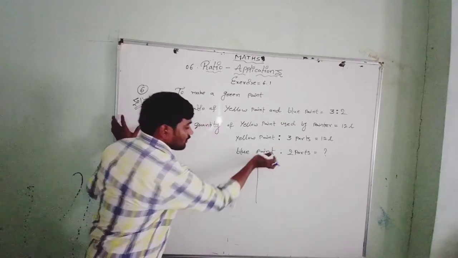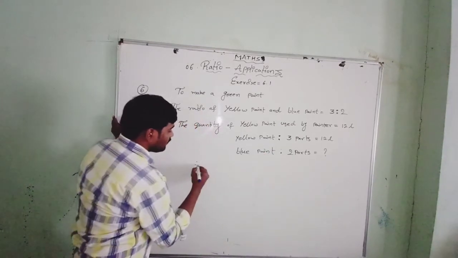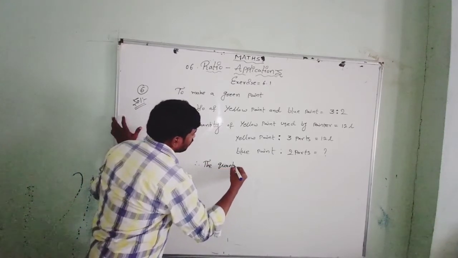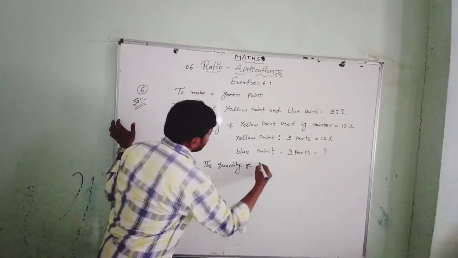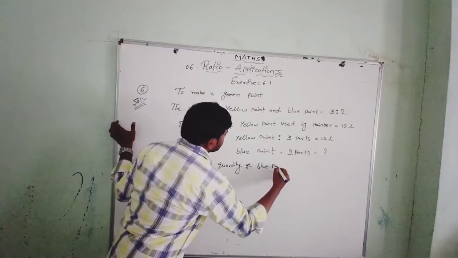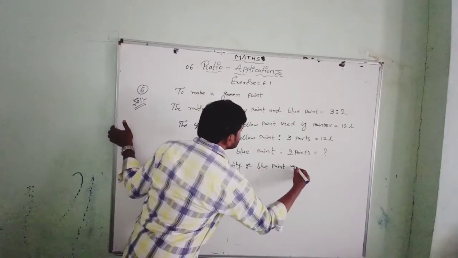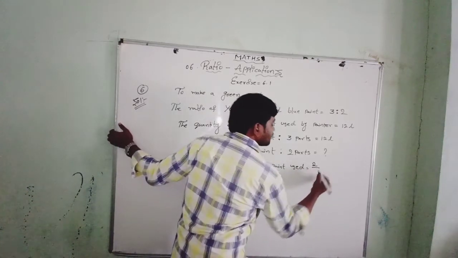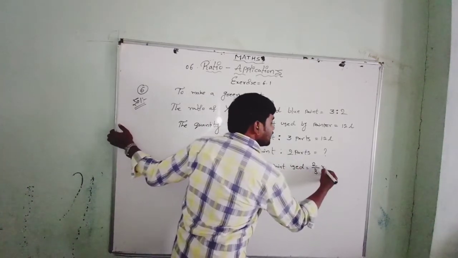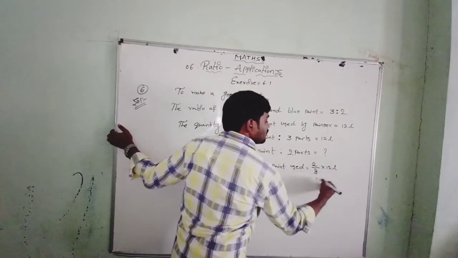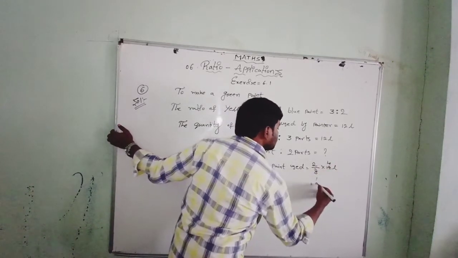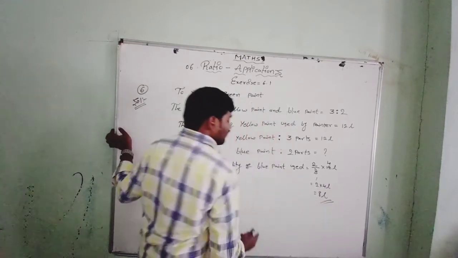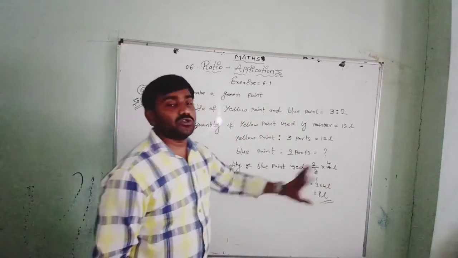Therefore, the quantity of blue paint used equal to 2 parts by 3 into 12 liters. 3 ones are 3, 3 fours are 12, that equal to 2 into 4 liters, that equal to 8 liters. Therefore, 8 liters of blue paint is used.